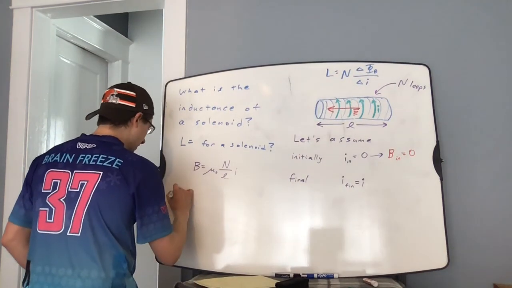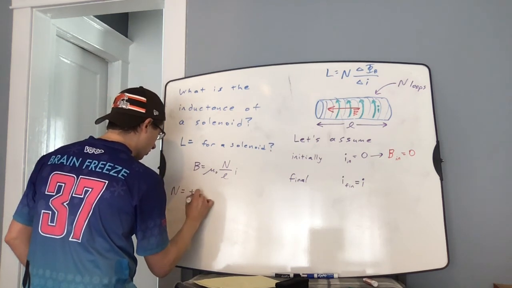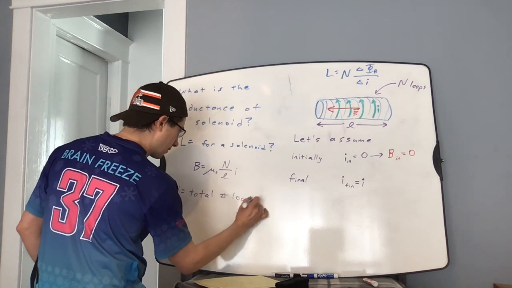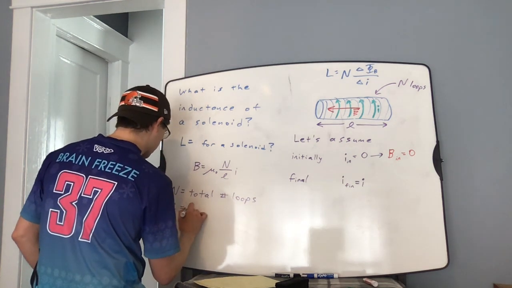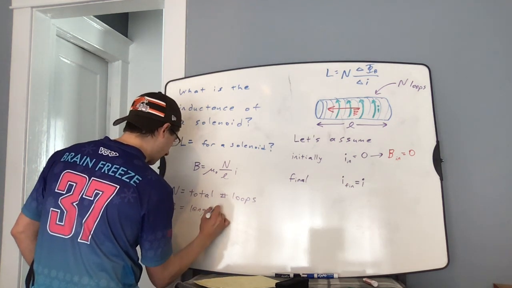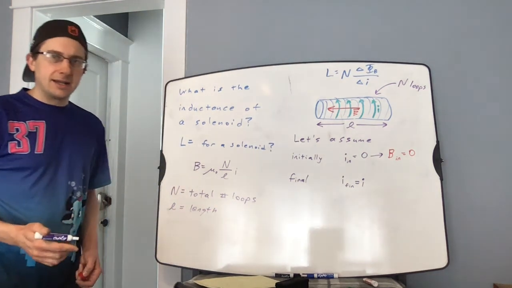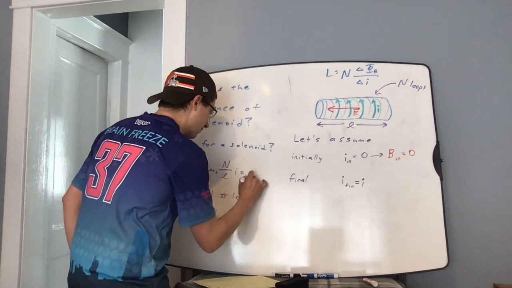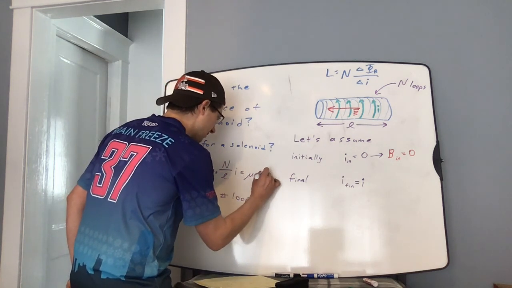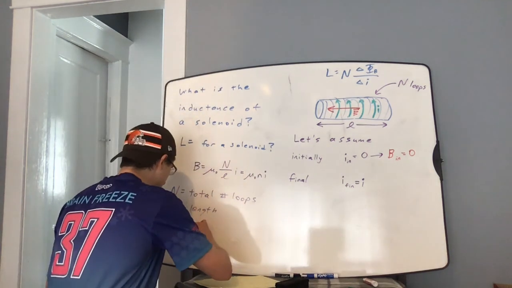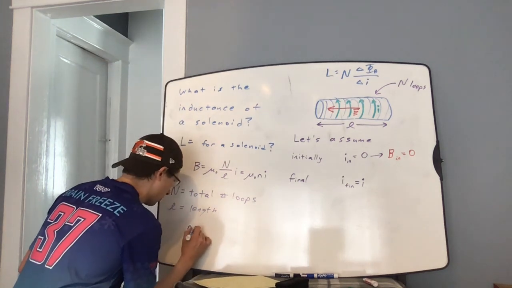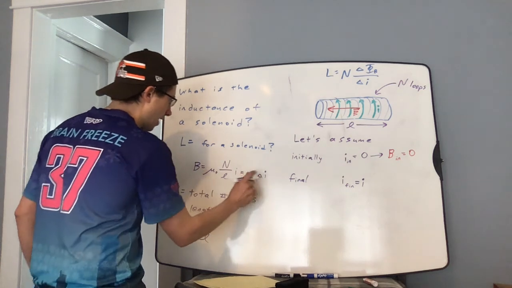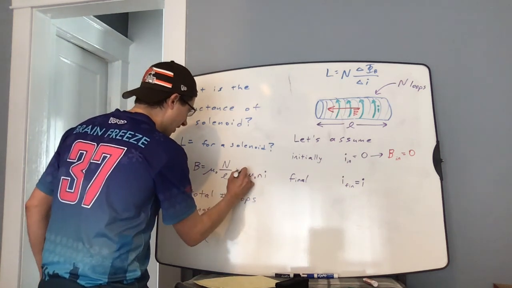So here, N equals total number of loops. L is equal to the length. And sometimes this is also written as mu naught n times I. Here, lowercase n is just the number of loops per unit length. So both of these equations are written and are reasonably common to see.